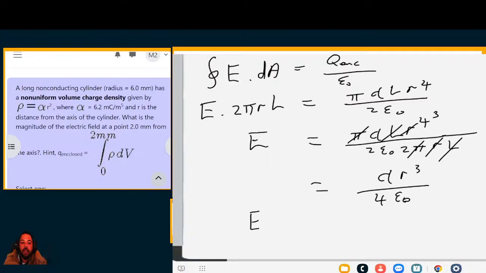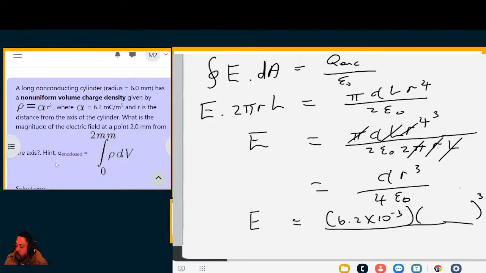We want the electric field at a distance 2 millimeters from the axis. So if we plug in R equal to 2, we should get everything. Alpha we've been given as 6.2, but it is in millicoulomb, so it's 6.2 times 10 to the negative 3 multiplied by R cubed.